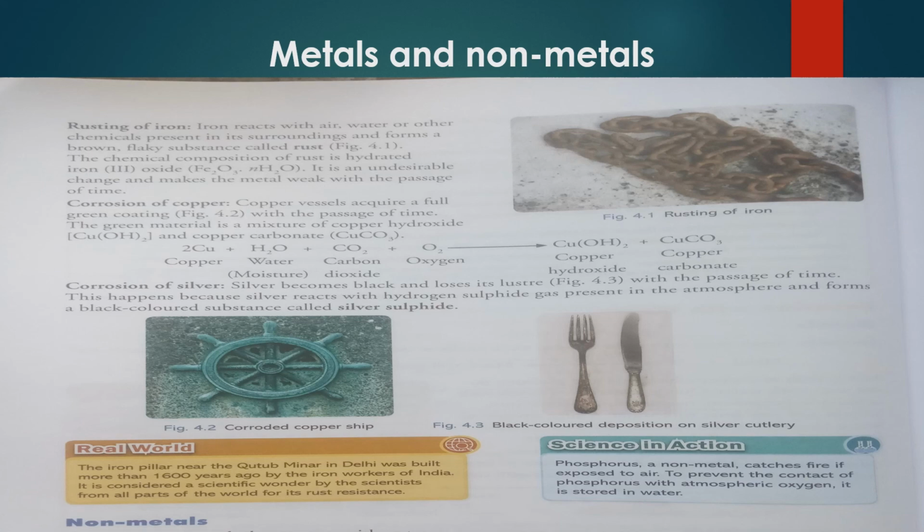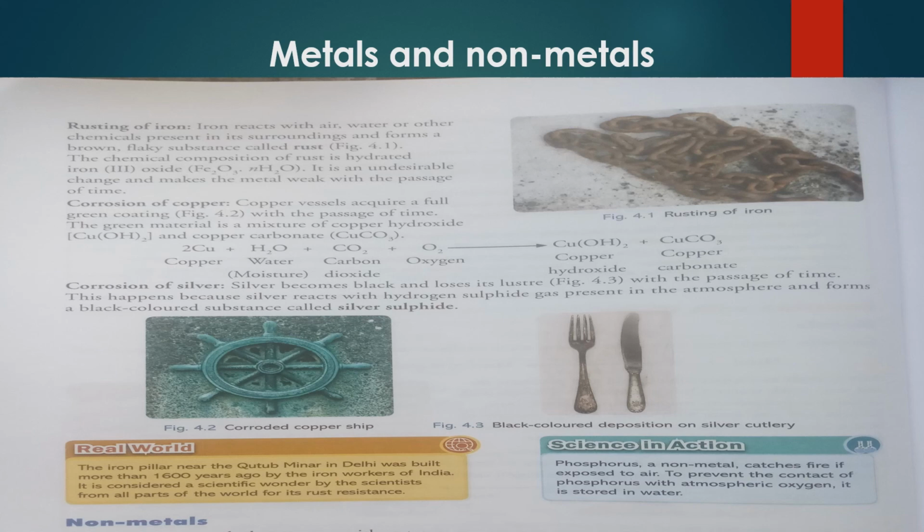So here the enemy is silver sulfide, which forms a layer around the silver and is black in color, and because of this the jewelry becomes black.